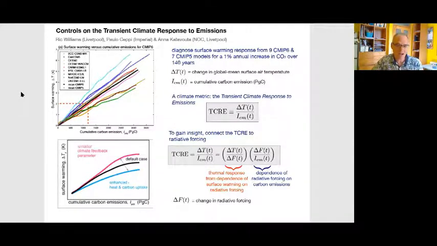Now, to get some insight into the thermal response versus the carbon response, I'm going to expand that using an identity where the ΔT over ΔF represents the thermal response, the dependence of surface warming on the radiative forcing, and then a radiative and carbon response, the ratio of that radiative forcing to the carbon emissions. So the next two slides will be looking at each of those terms, and then I'll conclude with comparing with CMIP5.